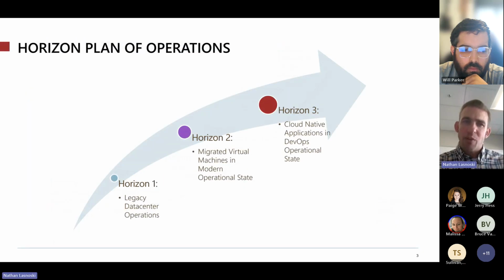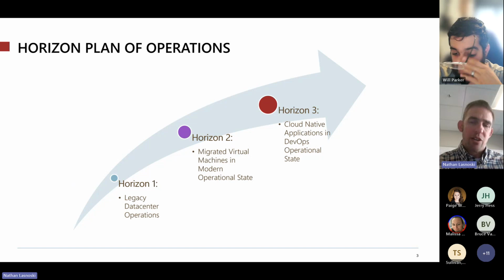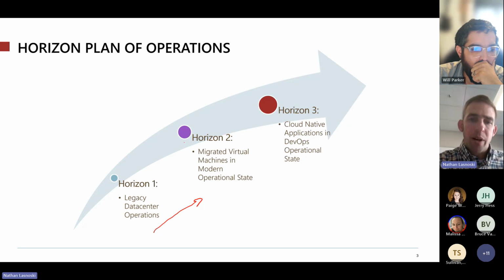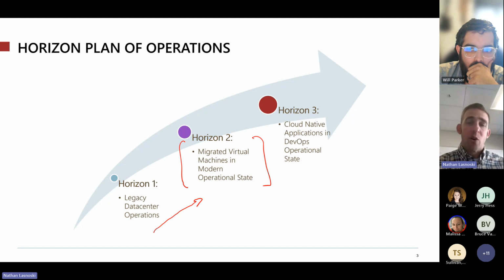So there's a couple different domains that might be present in your Azure environment today. If you moved from a legacy on-premise data center, you probably are operating some workloads at Horizon 2, which is this idea that I have virtual machines, they're Windows and Active Directory joined, they are connected to my CorpNet, and they are operating in my Azure environment. I may be using a diversity of tools with them.